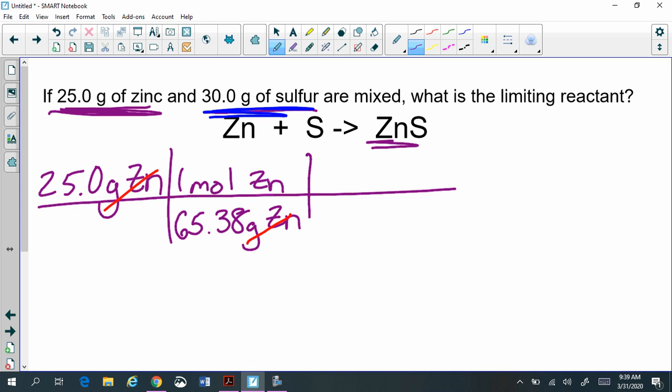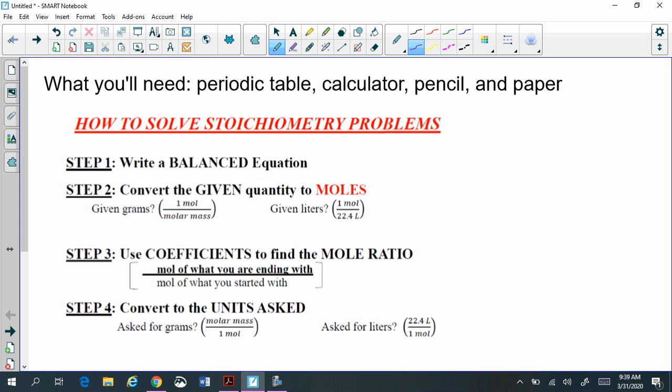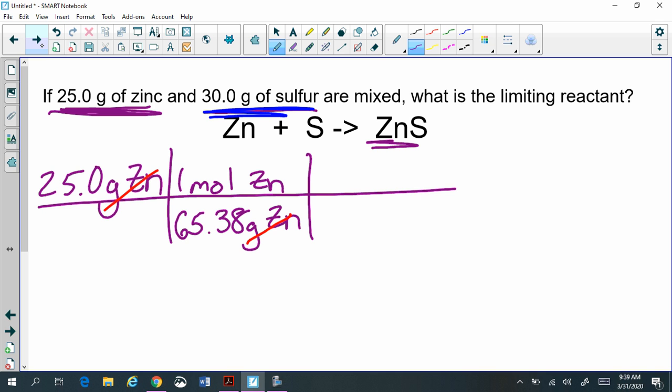Great. Next step, if you don't remember, look back, use your coefficients to find the mole ratio. So, here we go. Even if you don't know what goes down here, it's always this unit. So moles of zinc, and I determined I'm going to moles of ZnS. It doesn't matter. I could have gone to moles of sulfur. Really doesn't matter.